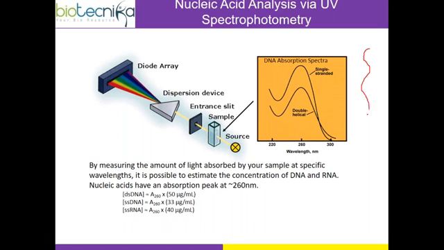Double-stranded DNA is like this. This is the hydrogen bond. Whereas single-stranded DNA is going to be like this, because the single-stranded DNA is formed out of denaturation of double-stranded DNA.